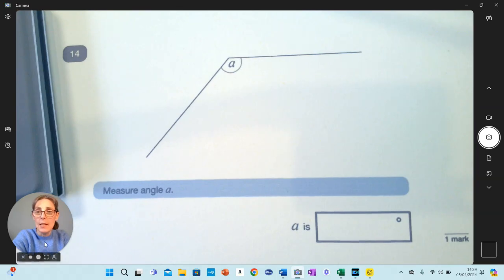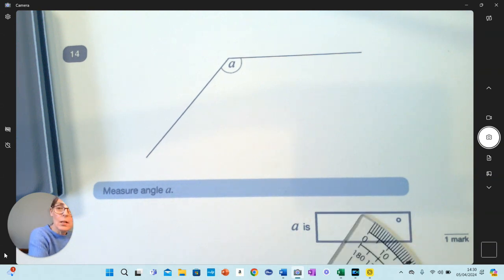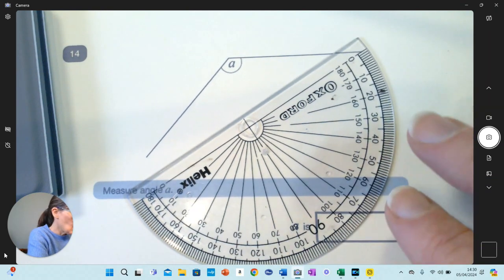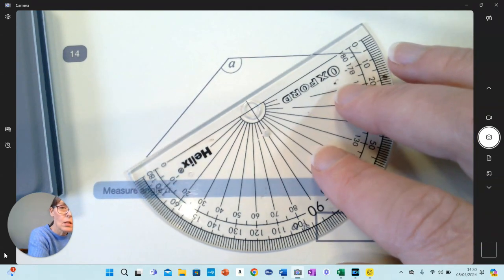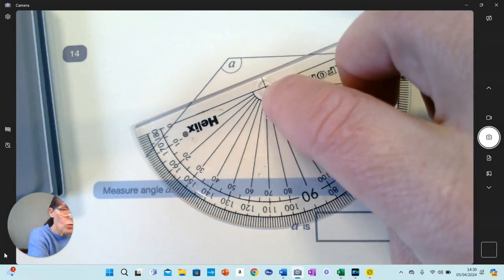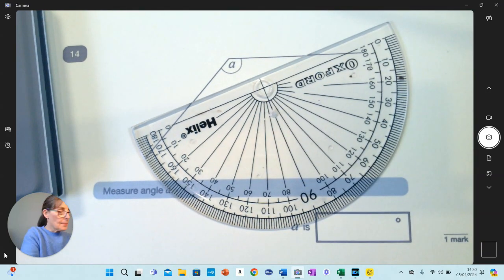Question 14. Let's have a look at this one. So it just says measure angle A. So I'm going to grab my protractor and I'm just wondering where to put it. I know that when you have a protractor, that cross needs to be somewhere on the angle.